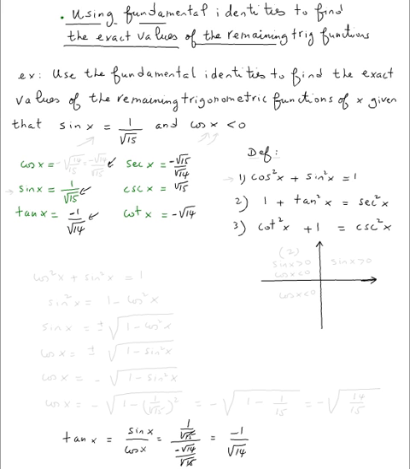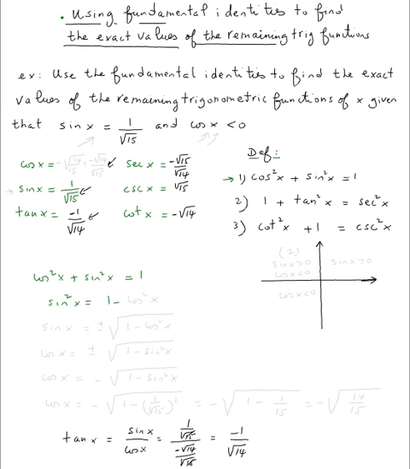So basically, this is the definition. We have to use some of the identities to find the rest. And of course, since we have a sine, by looking at these identities, we can use number 1. We know that the cosine square plus sine square is equal to 1, which means subtract cosine square from both sides.